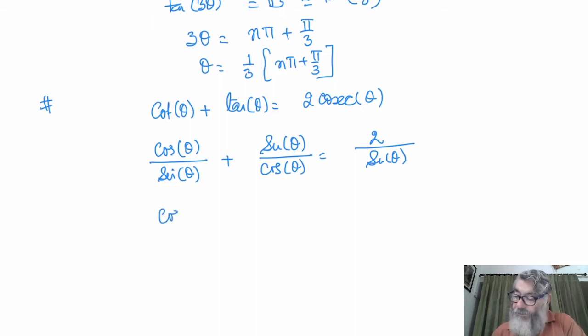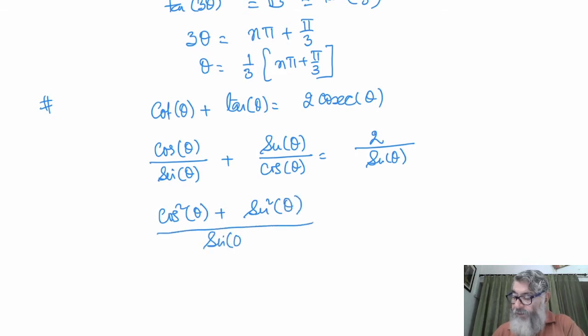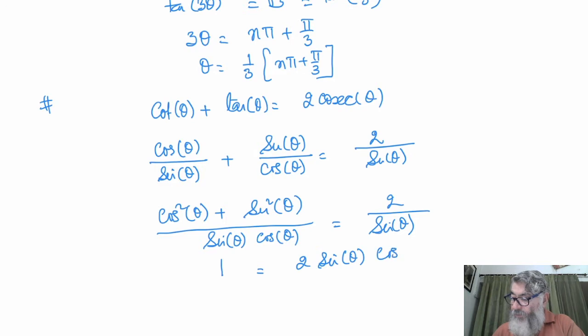It will be cos square theta plus sine square theta upon sine theta cos theta, since sine theta and cos theta is the LCM, and it is 2 upon sine theta. Now cos square theta plus sine square theta is 1, so 1 upon sine theta cos theta is equal to 2 upon sine theta. So sine theta can cancel.